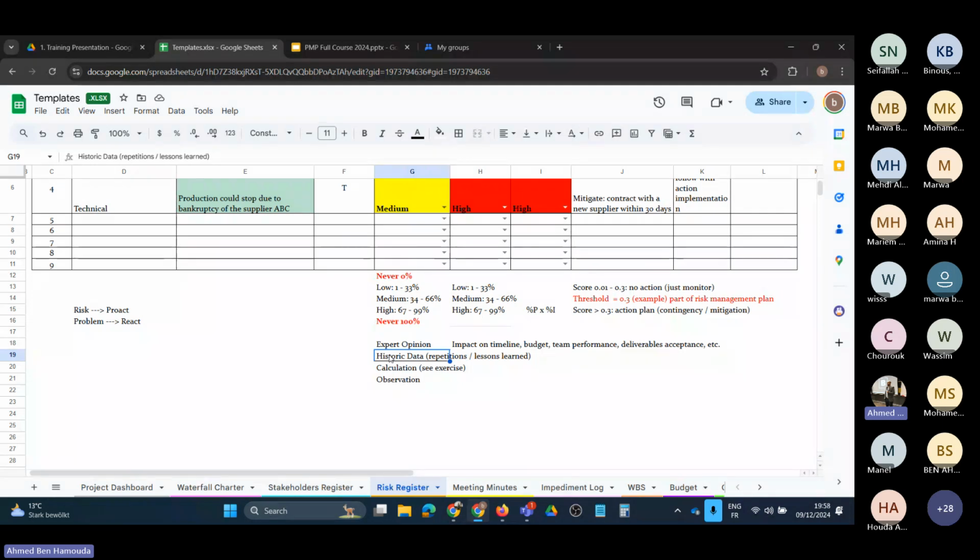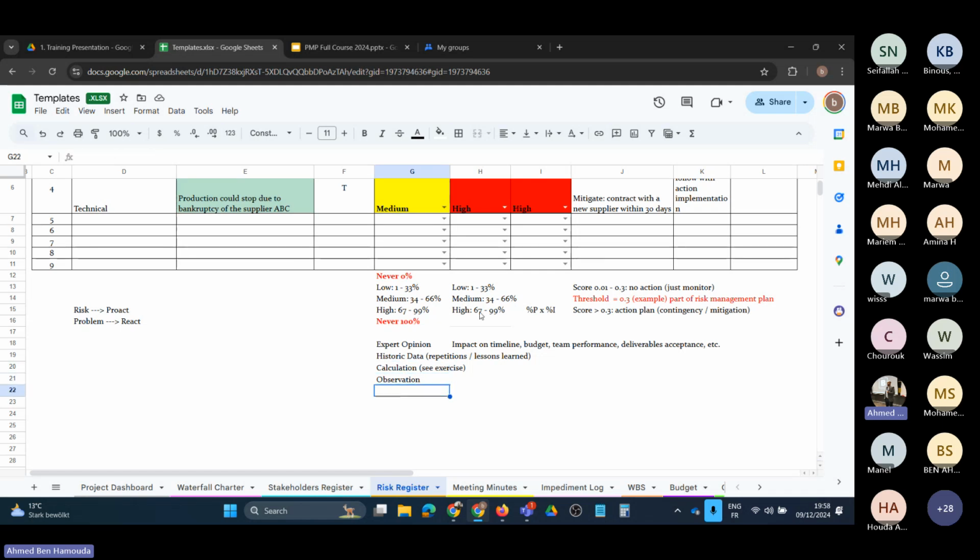So if it happened in seven of them, then we're talking about 70% probability of occurrence. So therefore, probability is high. Or we can rely on observation, or we can make some mathematical calculation. And with our PMP training participants, we share some exercise, which is quite useful to help them calculate the probability in a mathematical way, based on the data in that particular exercise.